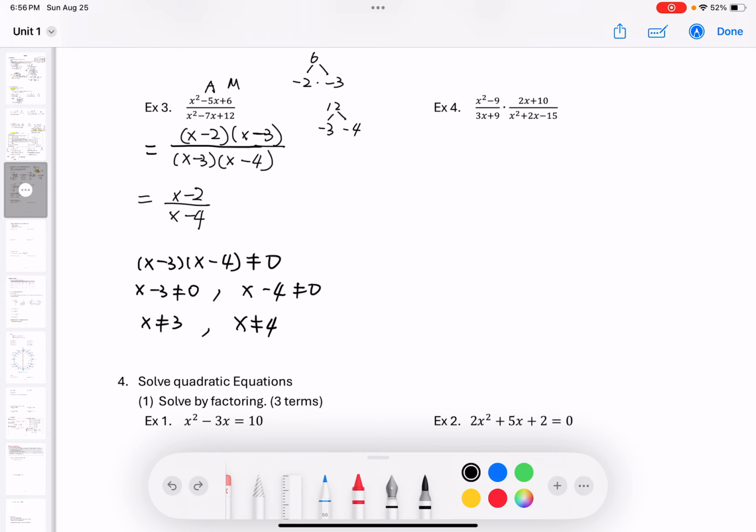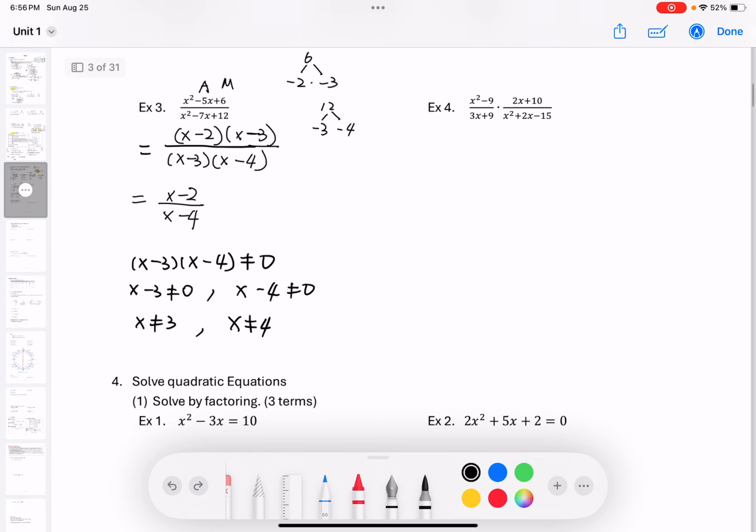A difficult one. Multiplication between two rational expressions. So what should I do? Let me ask you this. If I have, for example, x minus 2 over 3, multiplied by 6 over x minus 2. So any top, any bottom can be cancelled.